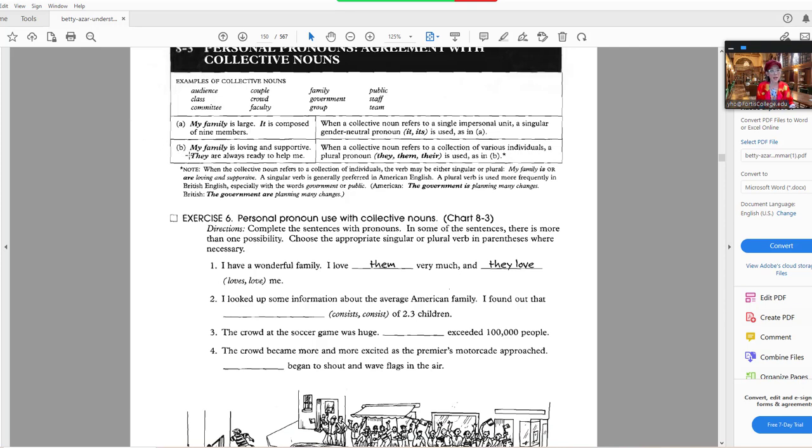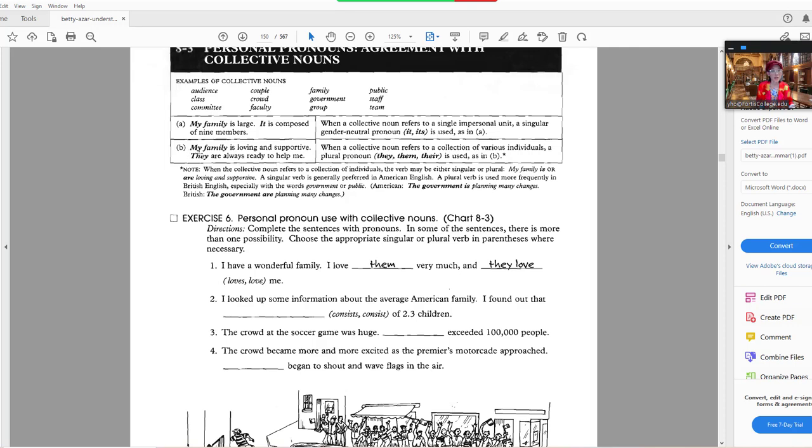And then when a collective noun refers to individual members, then it becomes plural. And so here, my family is large. It is composed of 9 members. So when a collective noun refers to a single unit, then we use it and is.